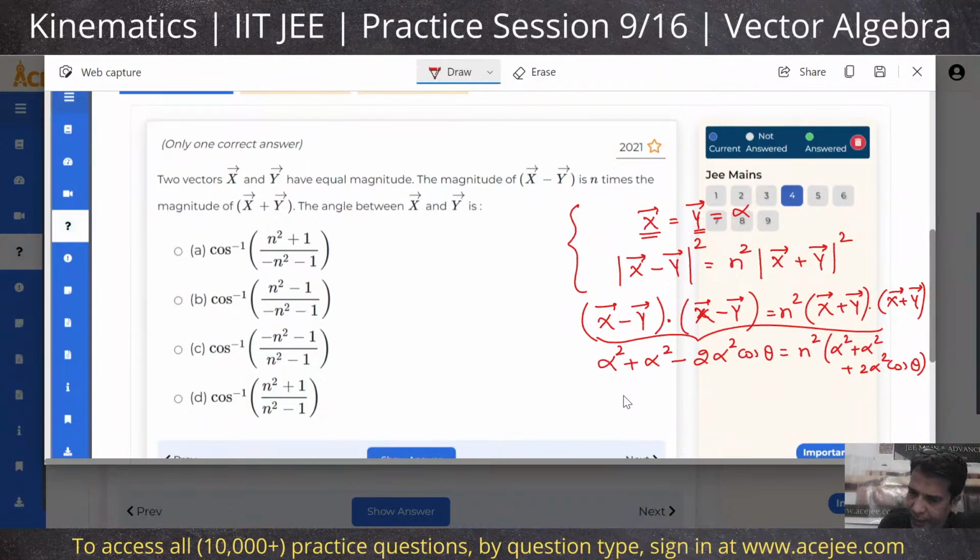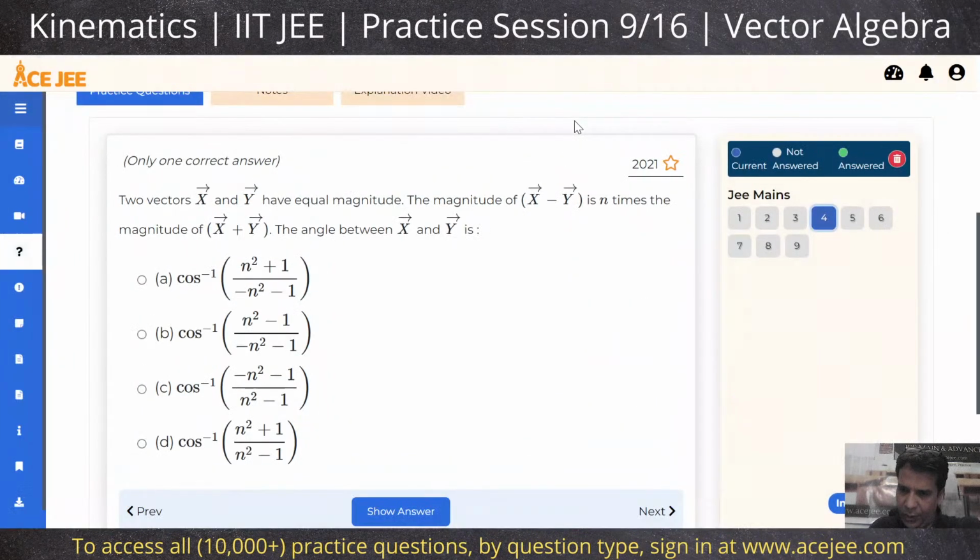So what do you get here? 1 minus cos theta, they're trying to find angle theta, guys, equals n square times 1 plus cos theta. The rest of the math I'll not do. It's fairly obvious what to do from here. So let's move ahead and take a look at the next one.